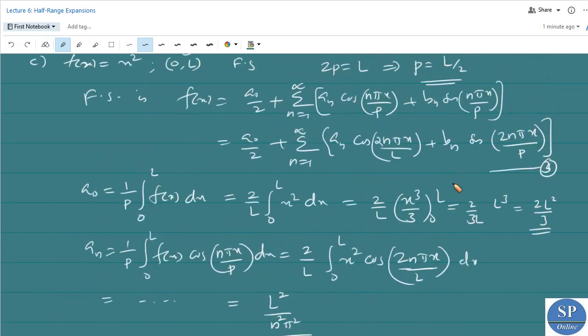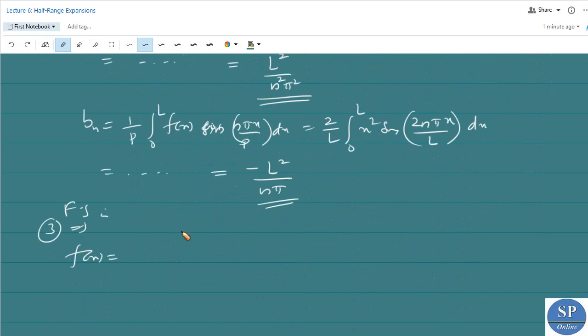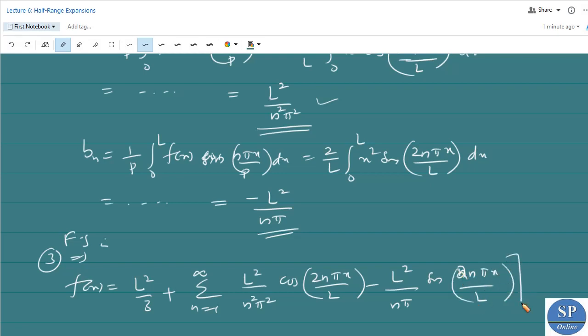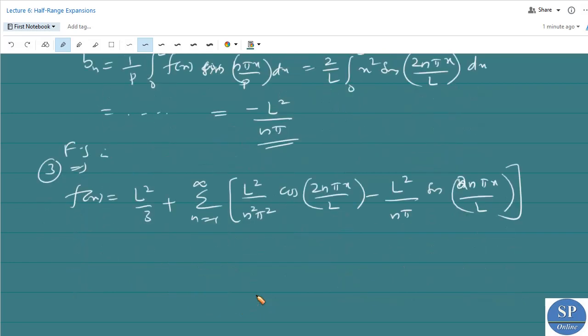We have a naught as 2L square by 3, so a naught by 2 is L square by 3, plus summation n from 1 to infinity an, which is L square by n square pi square, into cos 2n pi x by L, plus Bn, which is minus L square by n pi, into sin 2n pi x by L. So this will be the required Fourier series.